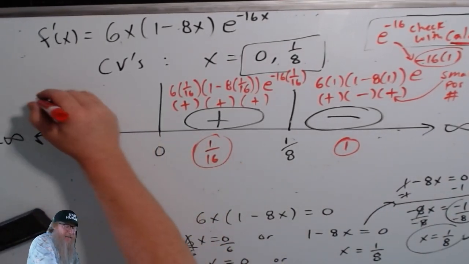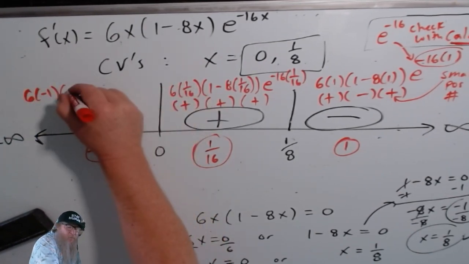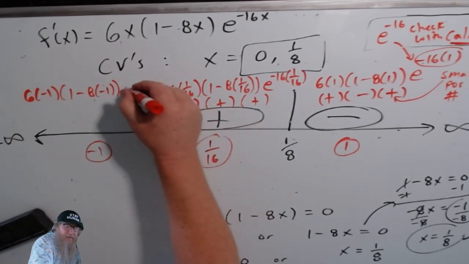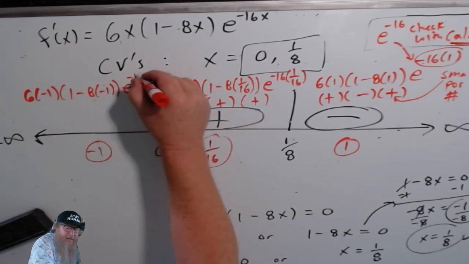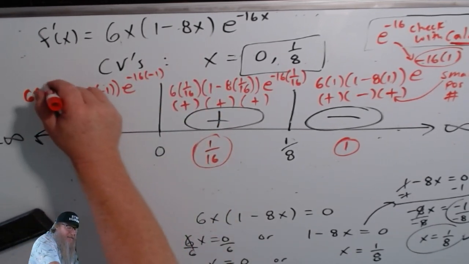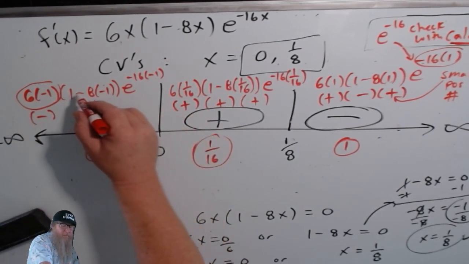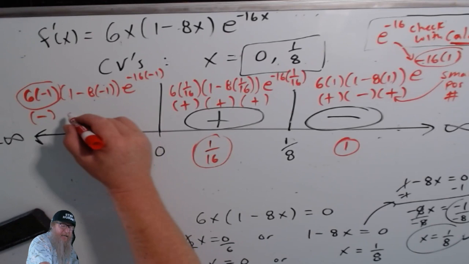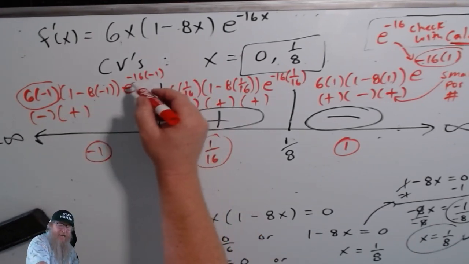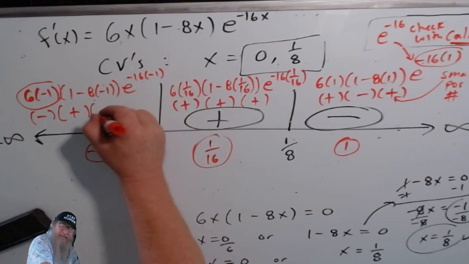All right, so now I've got -1. So I've got 6 times -1 times 1 minus 8 times -1, e to the -16 times -1. All right, 6 times -1, that's negative. 1 minus minus, that's double negative, that's going to be positive. And then e, that's double negative, so that's 16. e to the 16 is still positive.